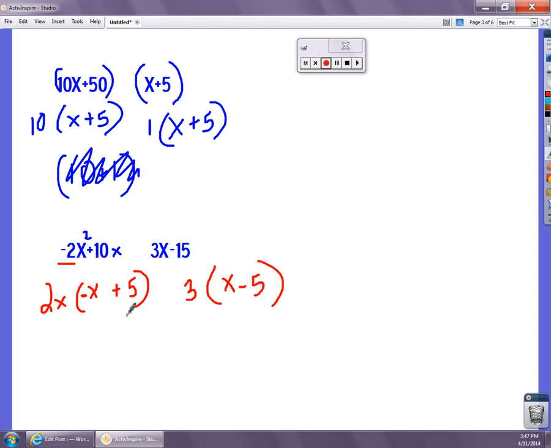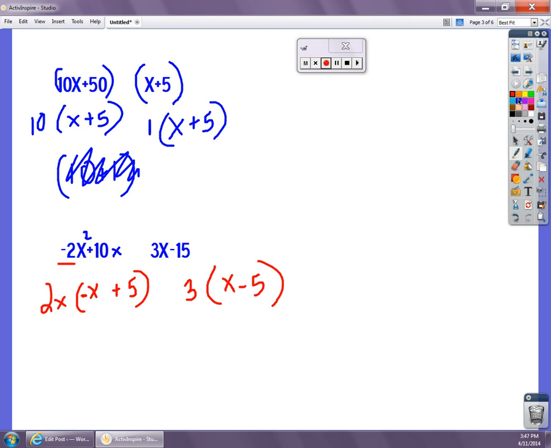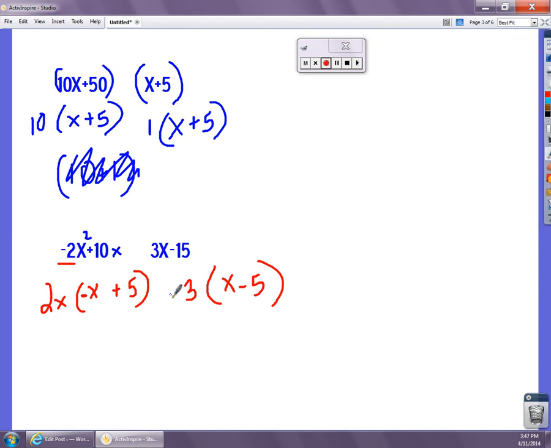So if you look closely, they're almost the same inside the parentheses, but they're not exactly the same. So when that happens, all you have to do is change the inside of the parentheses to the opposite. And you can do that without changing the problem as long as you also bring out a negative in front. So 3 times x minus 5 is really the same thing as negative 3 times negative x plus 5.